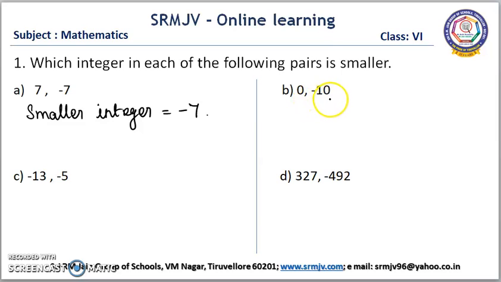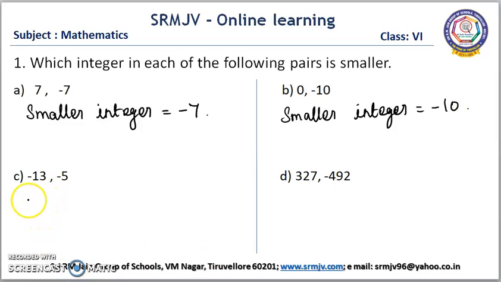The next one, 0, minus 10. The value of the negative integer is always less than 0. So, minus 10 is the smaller integer. Smaller integer is minus 10.